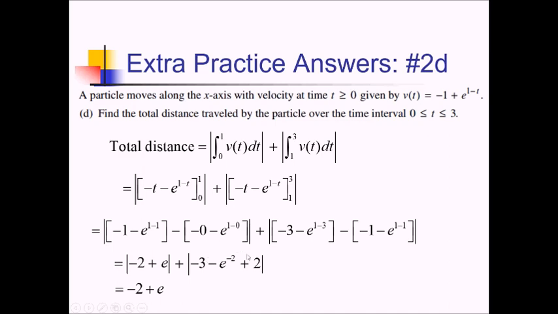So negative 3 plus 2 is negative 1. Negative 1 minus e to the negative 2 clearly is a negative number. So I just want the positive version of everything in there. Since everything is negative, I'm just going to make everything positive. So I'm going to do plus 1 plus e to the negative 2. And just to finish this off, we have negative 2 and 1 adds up to negative 1. So we have negative 1 plus e to the negative 2. Fully simplified.